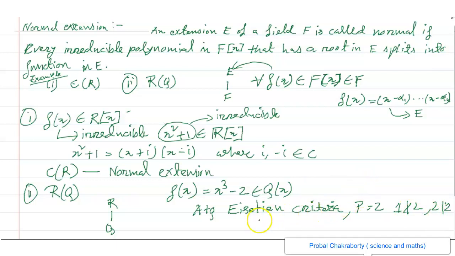So friends, according to the Eisenstein criteria, this f(x) is irreducible over Q.